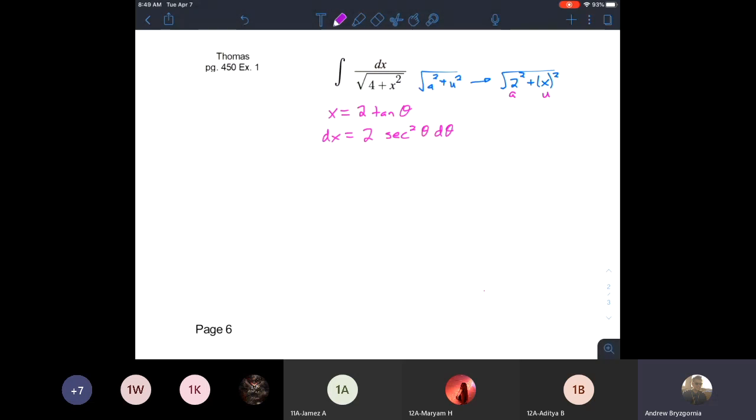Okay, so now we're going to start making our substitutions. Up at the top, we have just dx, so that can just be replaced by 2 secant squared theta. And then on the bottom, we still have the square root of 4 times 2 tangent theta squared.